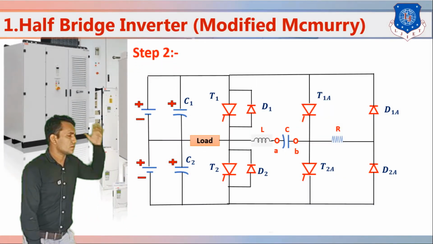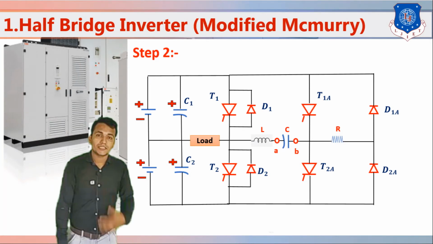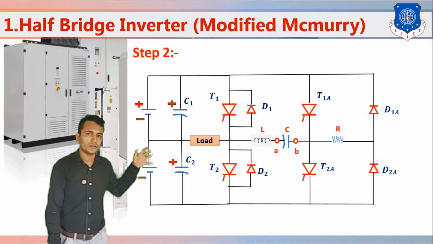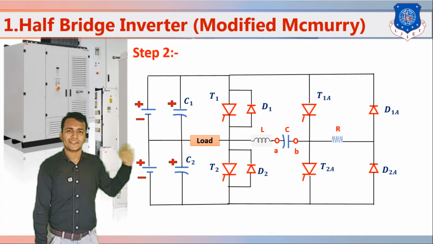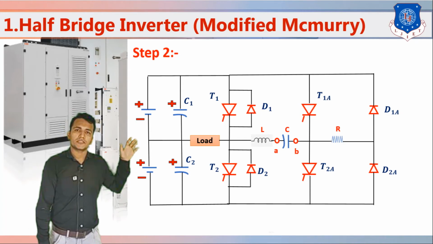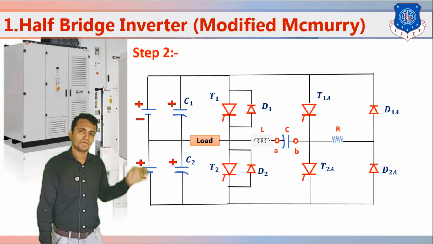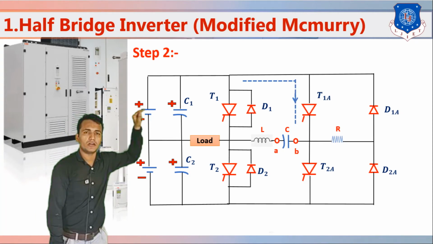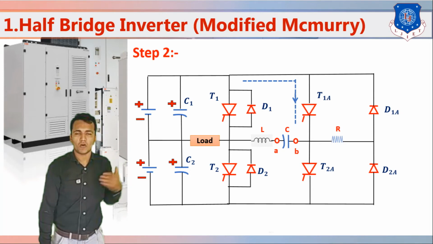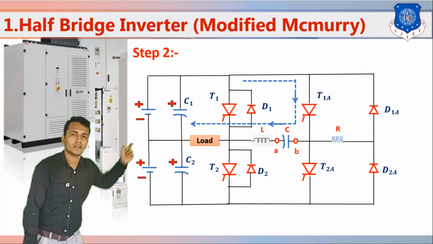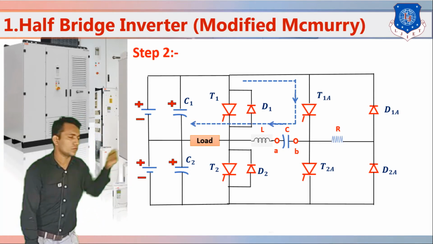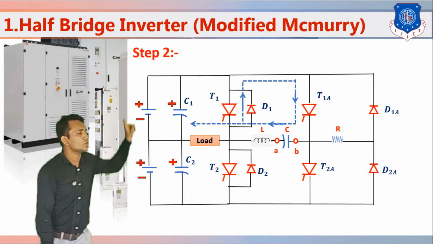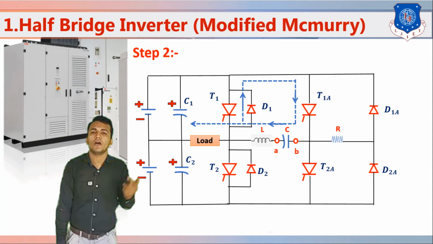Now we have to discuss this step 2. In this step 2 we have already discussed some important points, but here you can see the actual current flow will be in this way. First, the current goes through T1A, which will be on, and some current will flow through the inductor this way, and the diode D1 will be on.